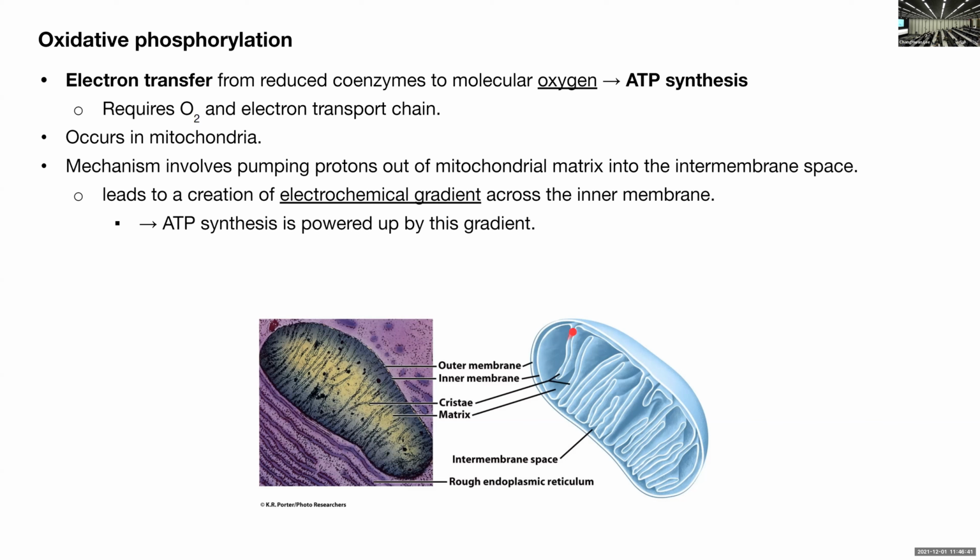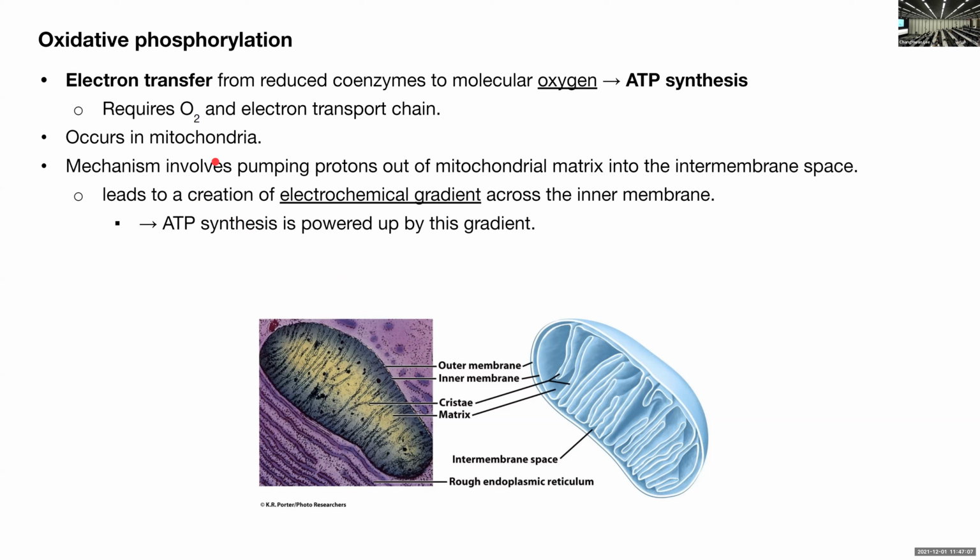And this inner membrane especially makes a lot of fold-like structures, which touch the matrix, and they're called the cristae, basically all the folds that happen on the inner membrane. And the outer membrane can interact with the other organelles in the cell, like the rough ER or the nuclear envelope and so on.